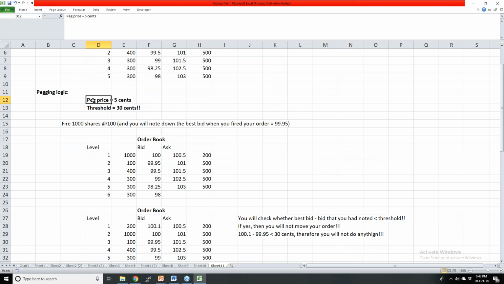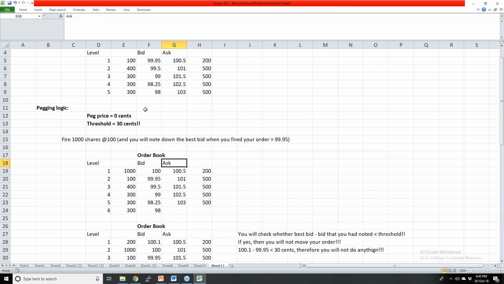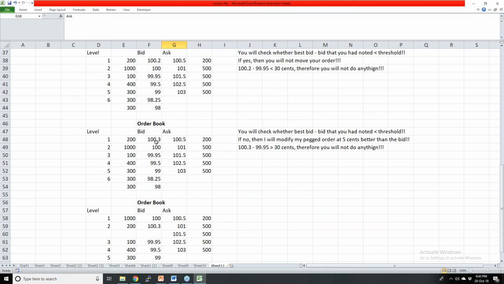And in this case, what people usually do is they have pegged at 0 cents, so that the person who's firing at 100.3 will get traded first and you will get traded after. So you can actually prevent anybody from gaming you. You see what I'm saying? Yes, I'm sorry. This would be at 100.35. I'm sorry. Thank you.